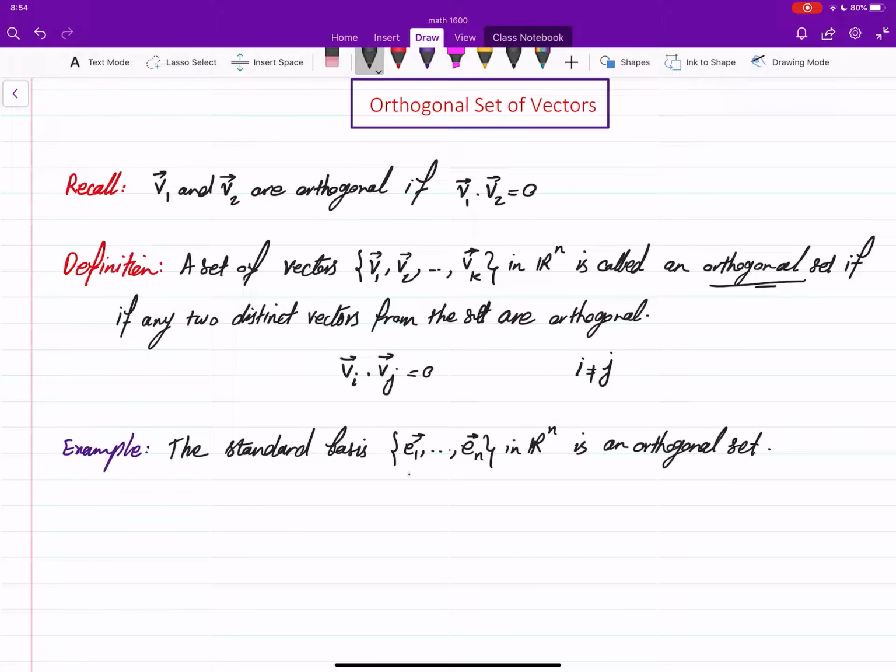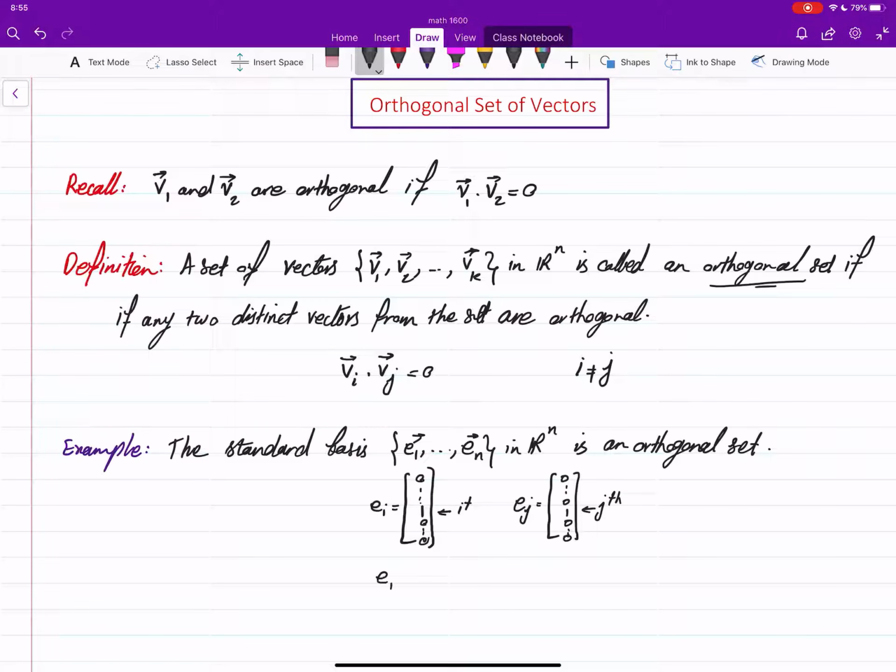Remember what the ei were? ei has 0 everywhere, and at the ith position we have 1. And ej is 0, 0, and at the jth place you have 1, and the rest is also 0.